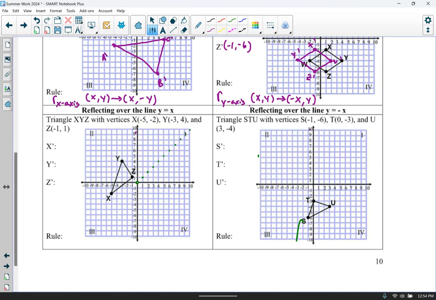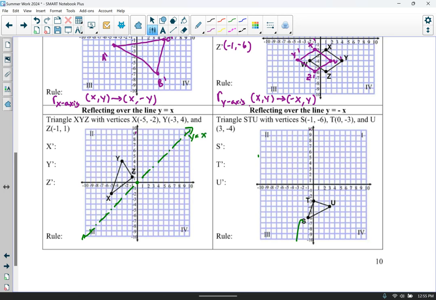When I run out of space, I do the opposite, down 1 to the left 1. And I'm going to make that a dotted line because that's what we're reflecting over, but it's not really there. And always a good idea to label it.